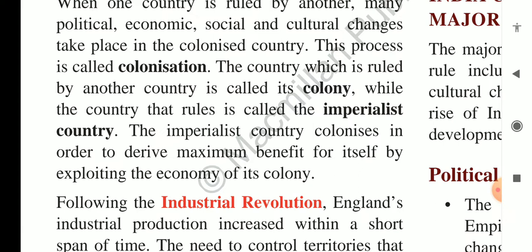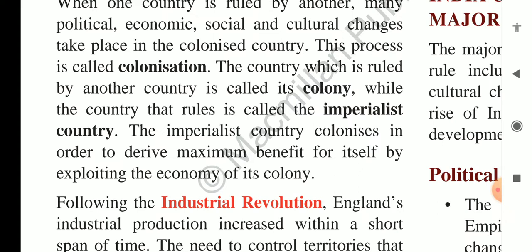Again, the country which is ruled by another country is called its colony. For example, India was a colony of the British because India was colonized by the British. The British were ruling us, and not only were they ruling us, but because of their rule, many changes took place, like political, cultural, social and economic changes.